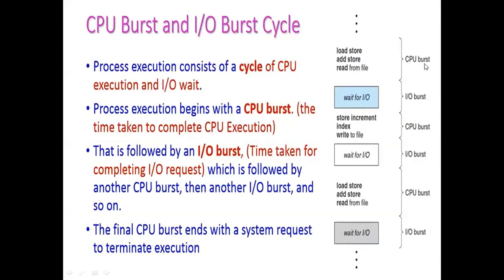This CPU burst is followed by an I/O burst, which is the time taken for completing the I/O request, followed by another CPU burst, then another I/O burst, and so on. The final CPU burst ends with the system request to terminate the execution.